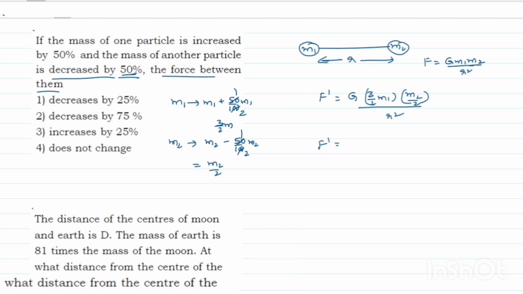So we will get 3 by 4 into G m1 m2 by r square.